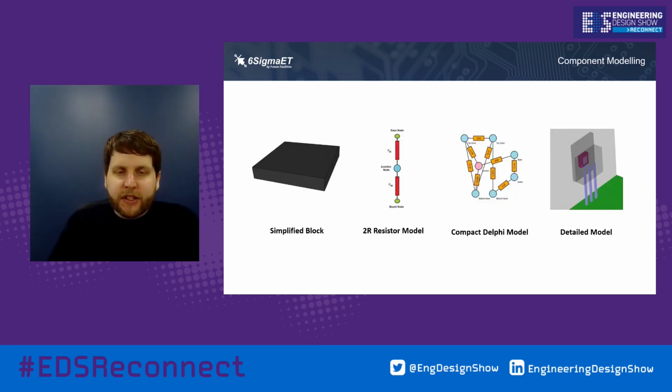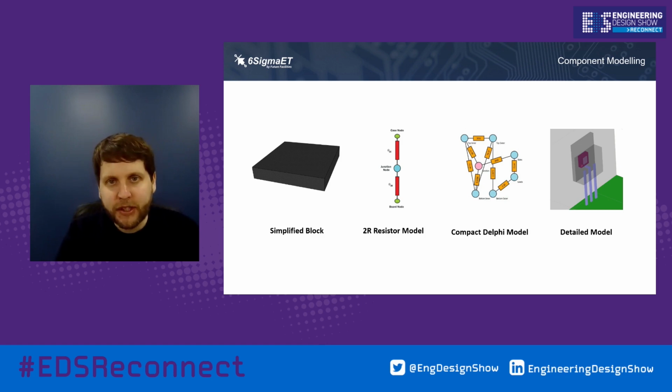So another thing that's really important when doing thermal simulation is ensuring that you have a really good component model of the electronics devices that you're using, particularly components on your printed circuit board that are either high powered, so have a big impact on temperature, or are very thermally sensitive, or both. I mean, typically the high powered devices are quite thermally sensitive as well.